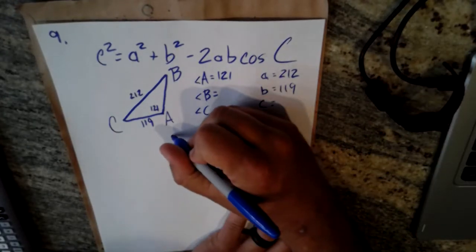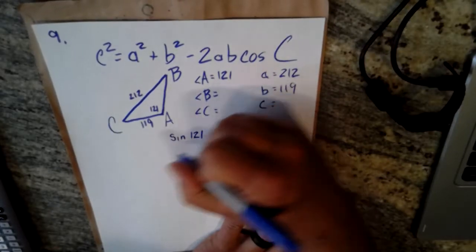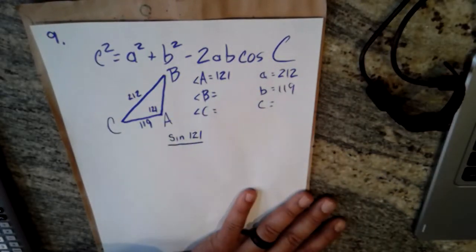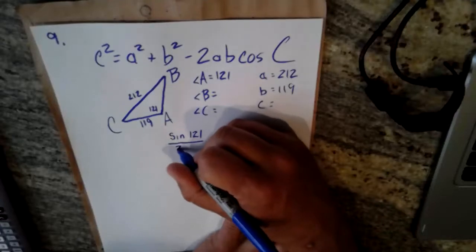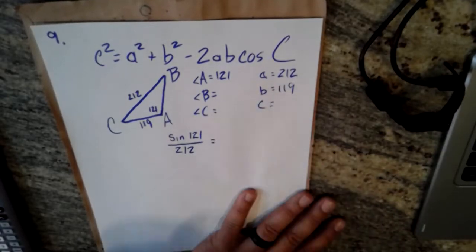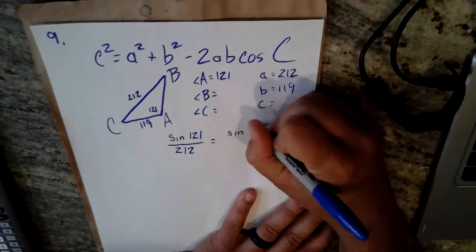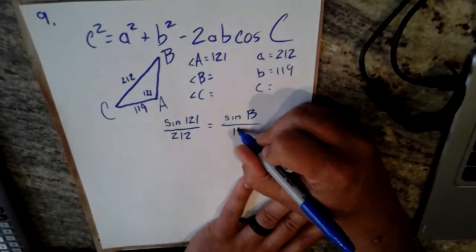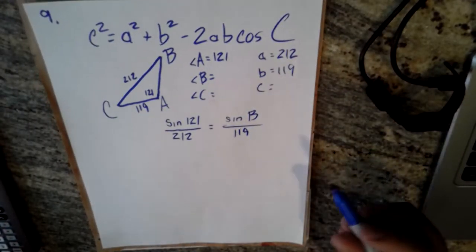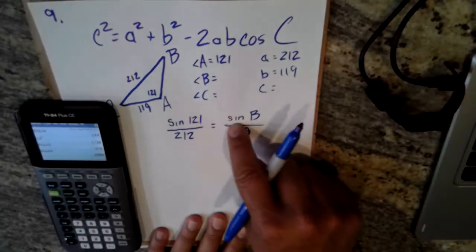So you'll say sine of 121 is to 212, so sine of A is to A, like sine of B is to 119. So just cross multiply these.